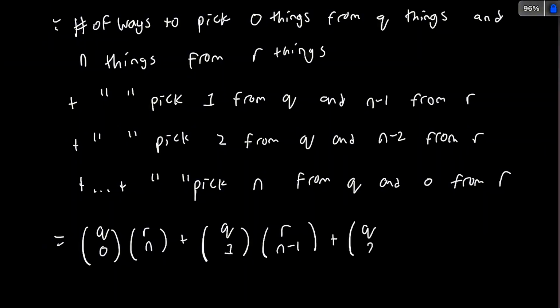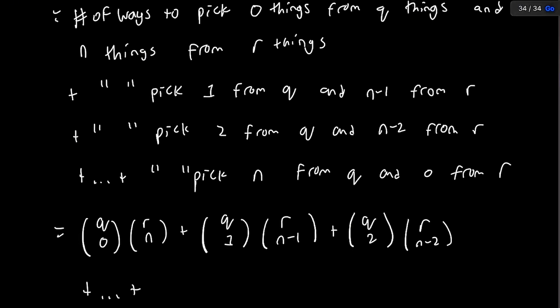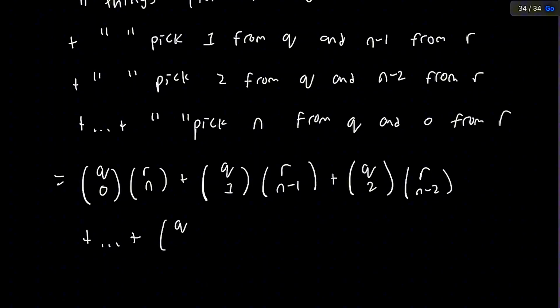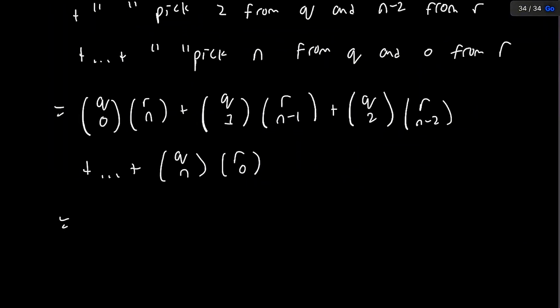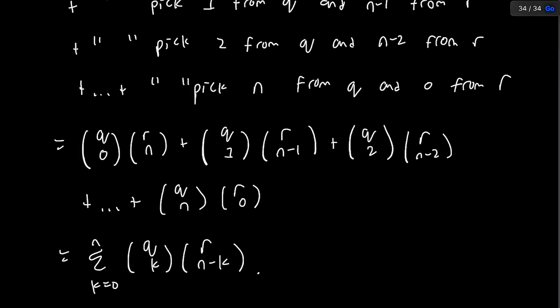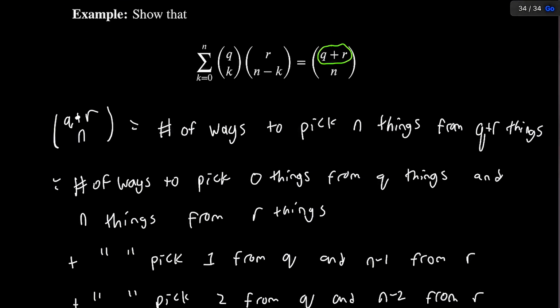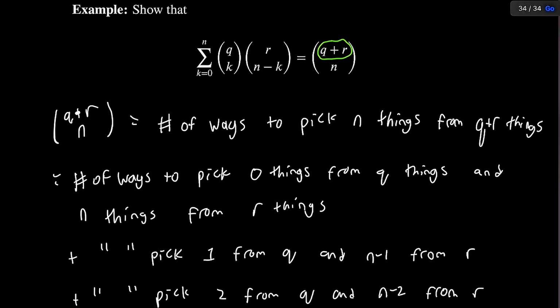So when we do q choose 2, r choose n minus 2, and so on, up to picking all n from q and none from r. But then, just writing this in summation notation, this is literally the sum from k equals 0 to n of q choose k, r choose n minus k. And scrolling back up, this is exactly what we wanted to prove, right?